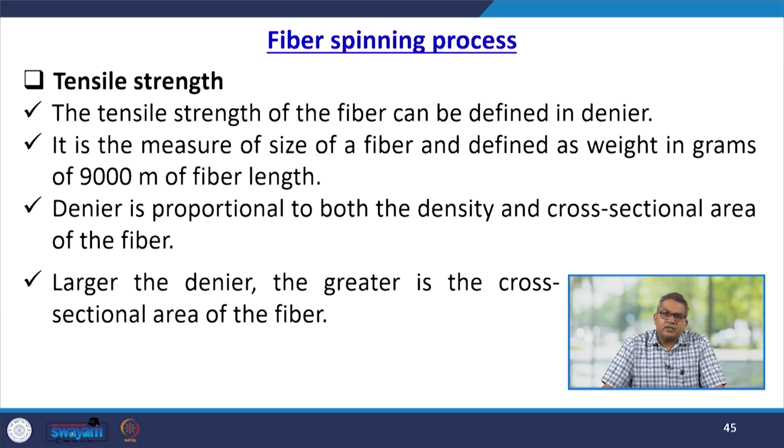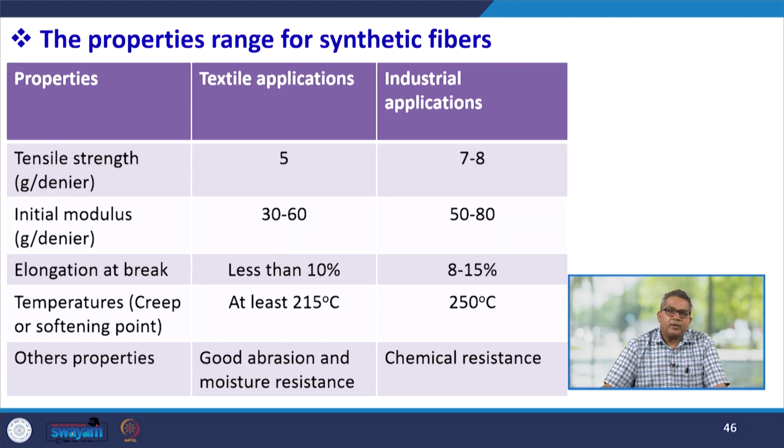The tensile strength of fiber can be defined in denier. It is the measure of the size of a fiber and defined as the weight in grams of 9,000 meters of a fiber length. Denier is proportional to both the density and the cross sectional area of the fiber. So the larger the denier, the greater is the cross sectional area of the fiber.